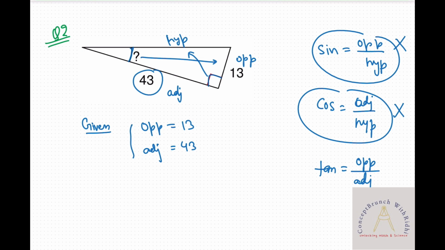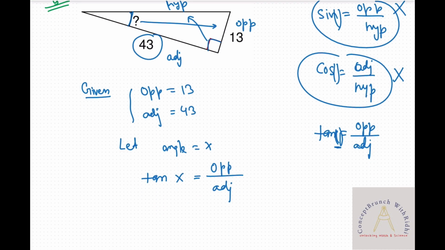But we have to place an angle in this place, right? For all the trigonometric ratios. So in this place, we will put the angle. Let the angle be x. So from here we can put tan x equals opposite divided by adjacent.